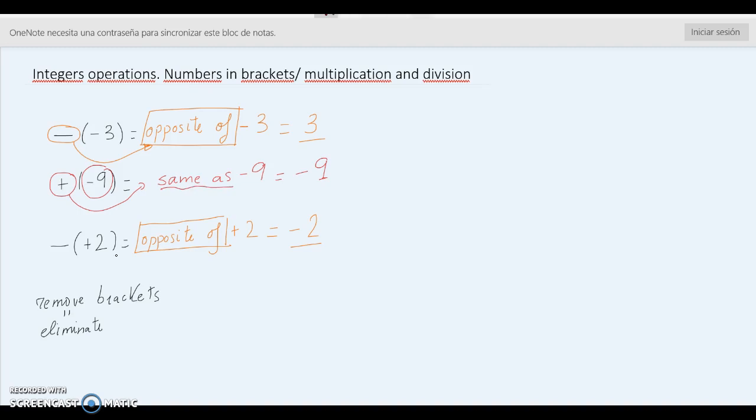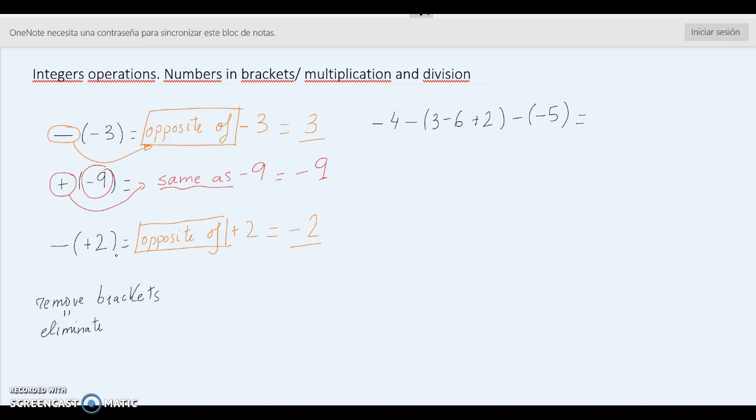We write the same number because the plus means the same. Okay, let's see now a longer operation. For example, minus 4 minus, open brackets, 3 minus 6 plus 2, close brackets, minus 5. In this operation, I have brackets, additions, and subtractions.